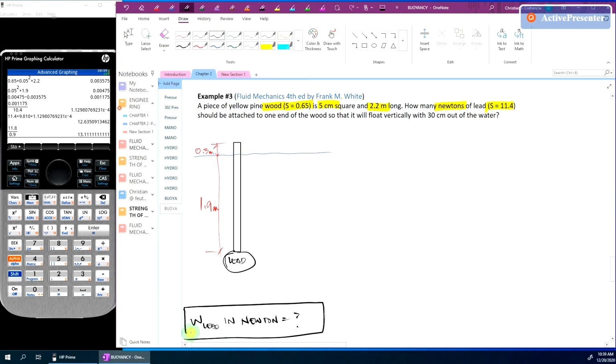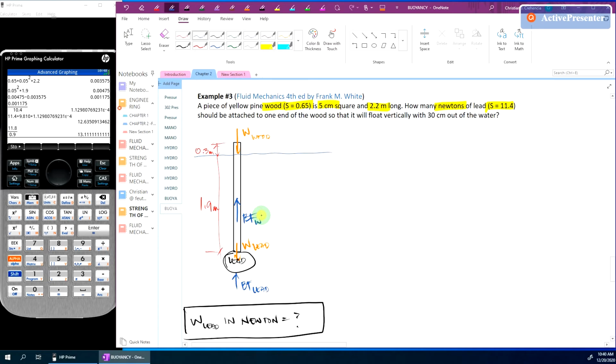So, tingnan natin ano-ano yung mga forces involved dito sa system natin. So, meron tayong, of course, weight ng wood. Then, syempre, meron din tayong weight ng lead. Then, since etong lead is nakalubog sa water, so, meron tayong buoyant force acting sa lead. And, dito sa nakasubmerged na portion ng wood, so, meron din tayong buoyant force ng wood.